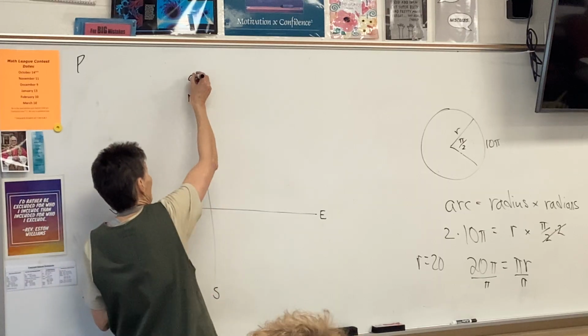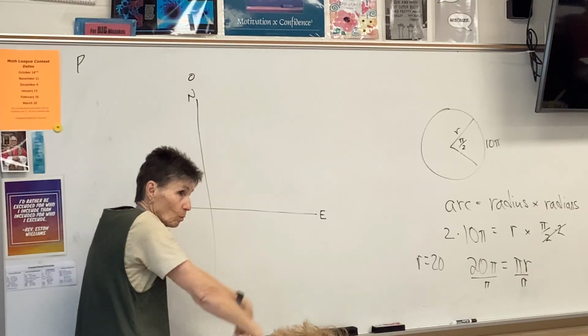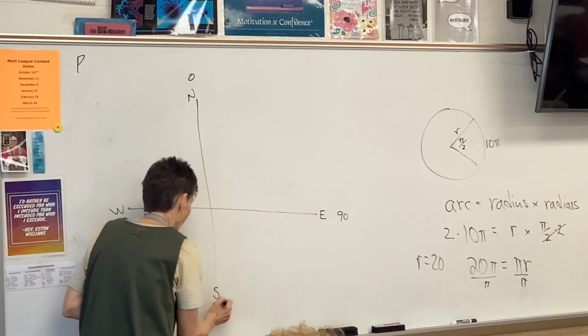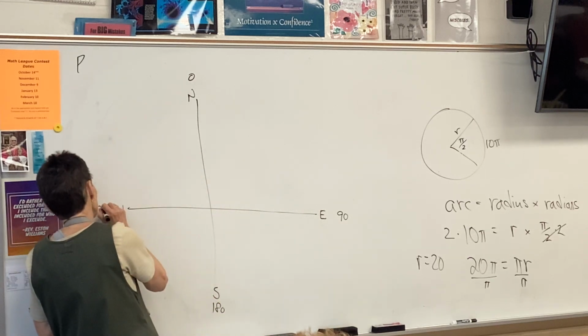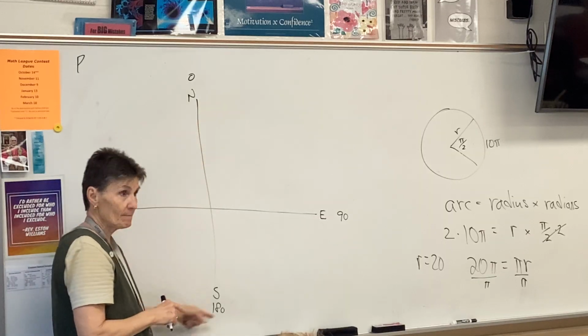So this is 0. And they go clockwise. So that's 0, 90, 180, 270, and of course this would be back to 360. Okay?